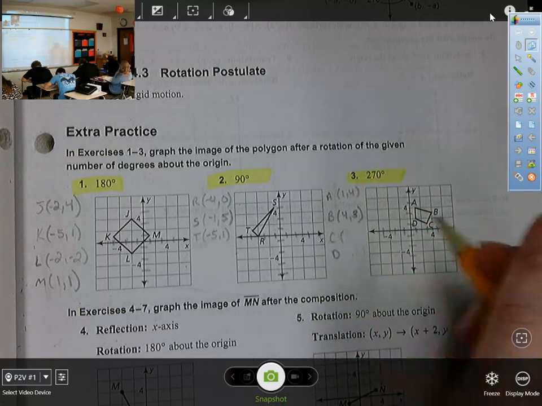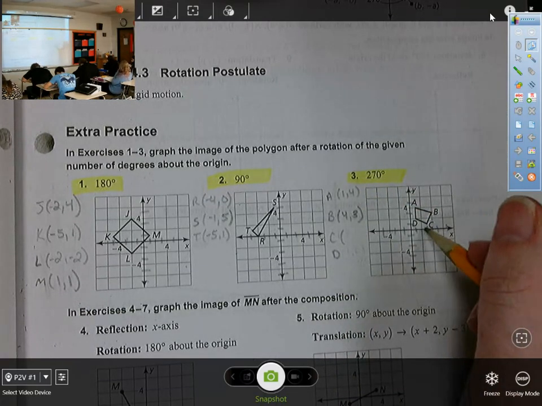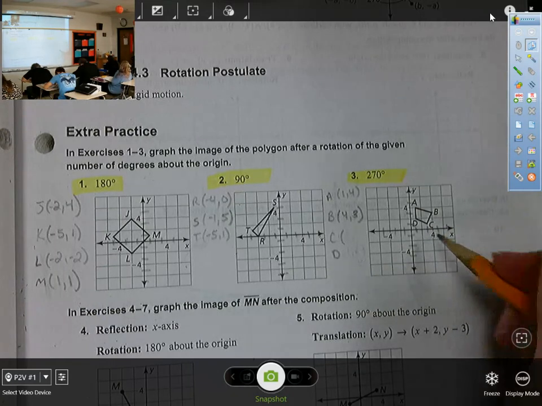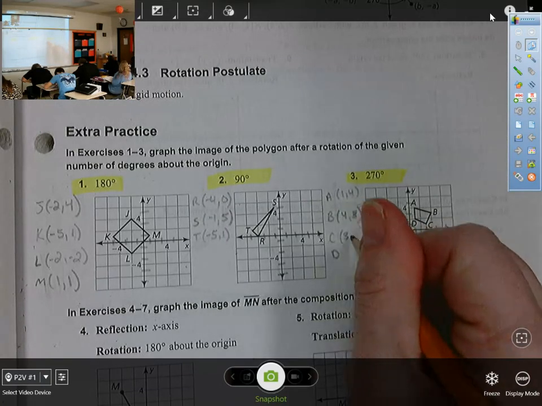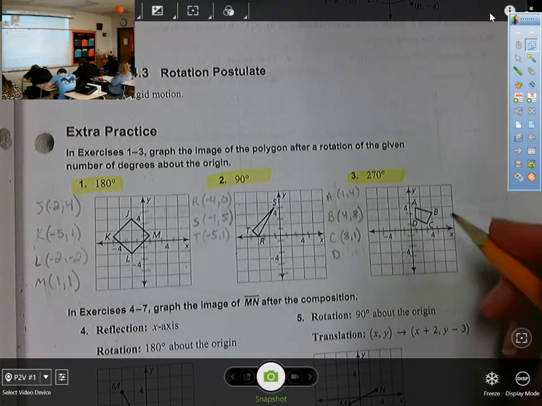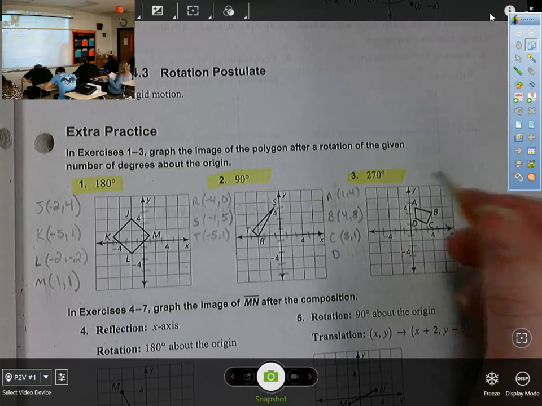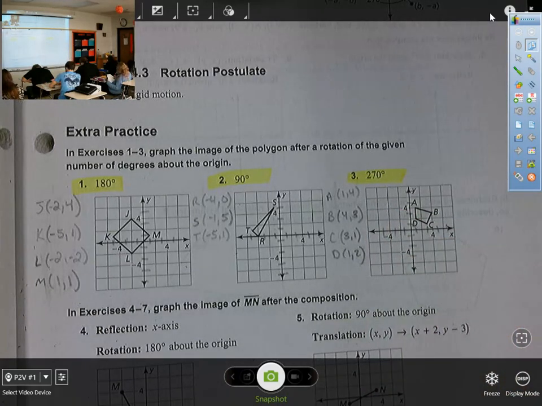And then what about C? 3, 1. Do y'all agree with that? Does everybody else agree with (3, 1)? Yes. Okay. And then what about D? 1 and 2. Perfect. All right, so now you have the coordinates of the pre-image.